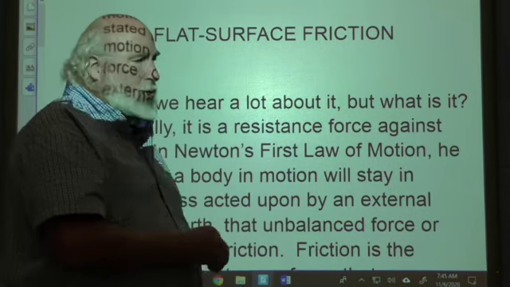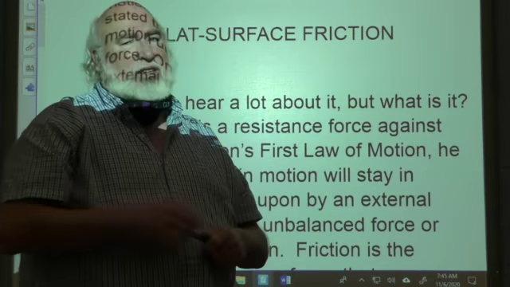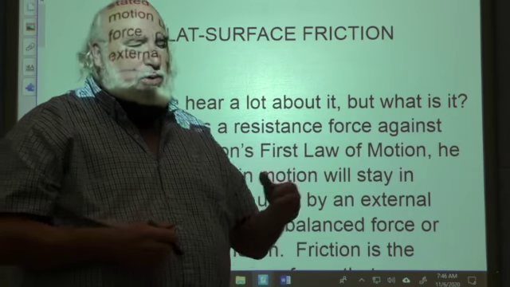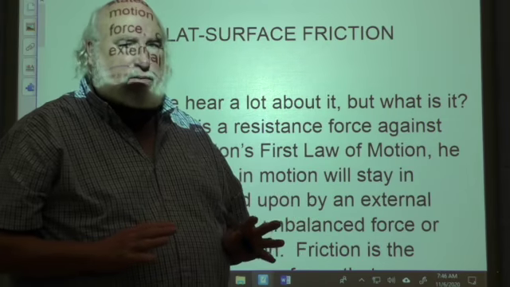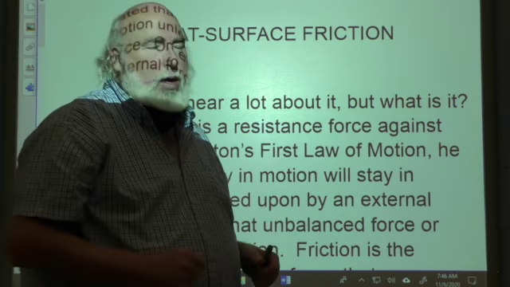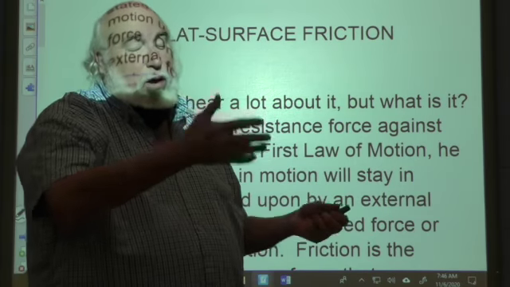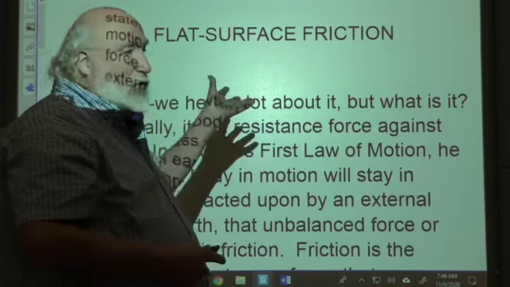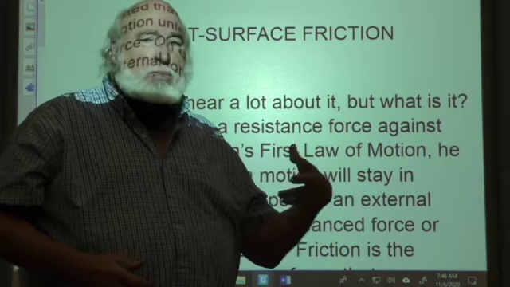Okay? And so the normal force of pushing down on the surface is the second factor that you have to look at. We call it F sub N. So you've got F sub F for the friction. That's the horizontal aspect of it that you're trying to push. And then you also have the perpendicular version, or I want to call it the vertical version of it, which is F sub N. Now for flat surfaces, the normal force, the perpendicular force, is going to be the weight.